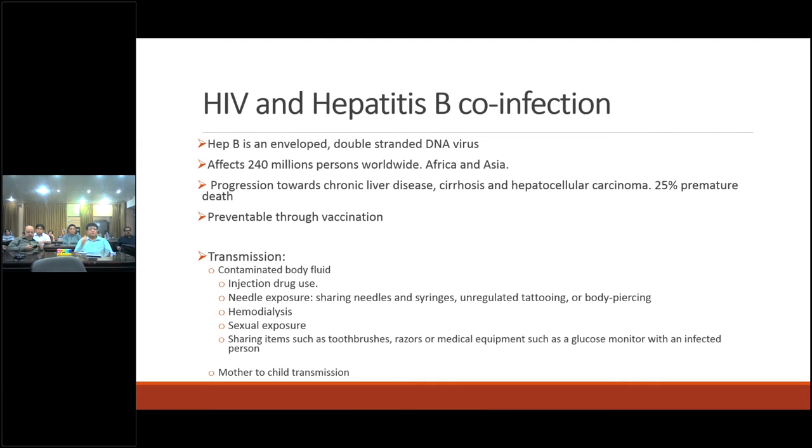This raises a concern of hepatitis B infection in diabetic patients that use these devices to monitor their glucose.